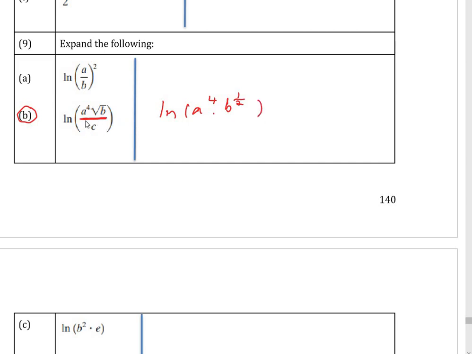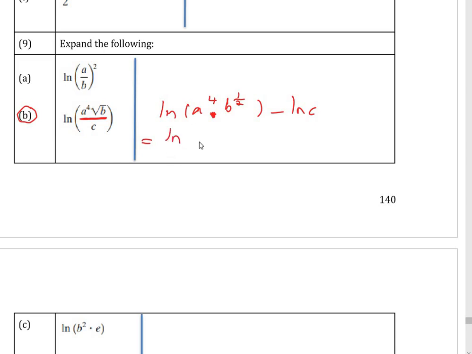And then the division becomes minus, so minus ln c. That's c there. Okay, now there's a multiply. So I'm going to use the multiply to expand.